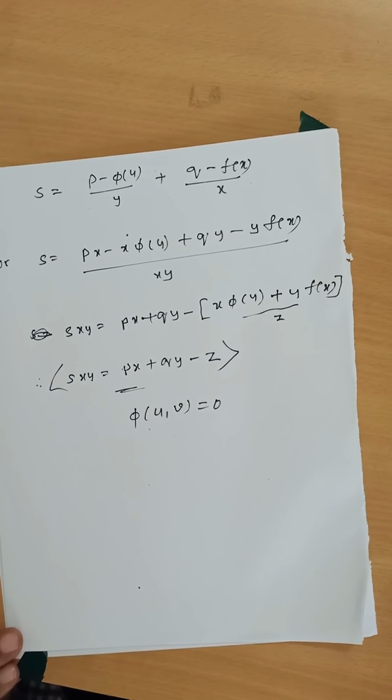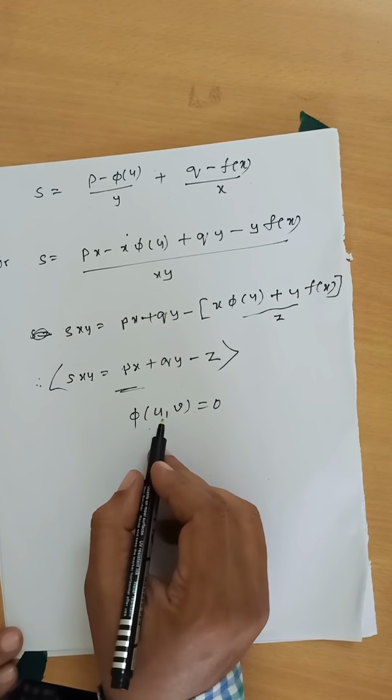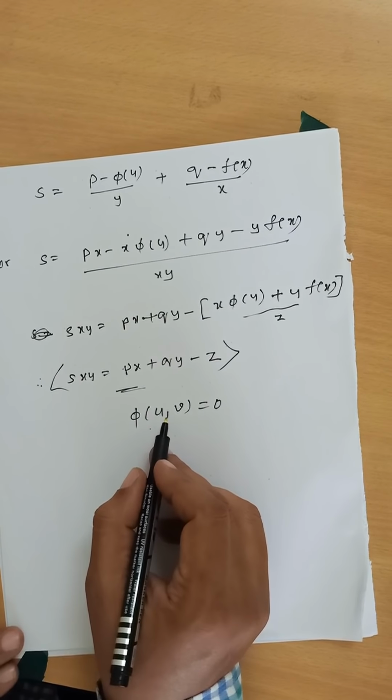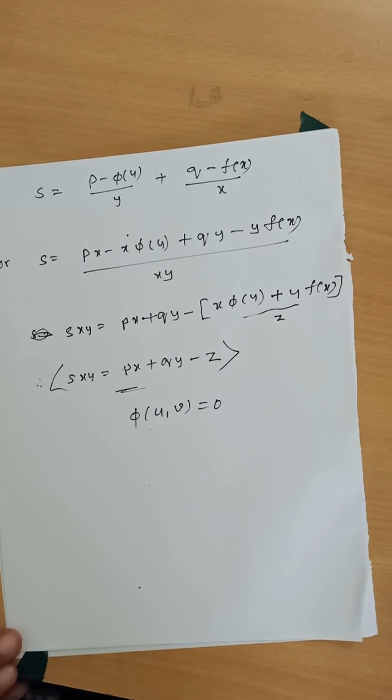Now we are going to form the partial differential equation by eliminating an arbitrary function when the given function is in the form of φ of u comma v equal to 0. This is an important type. Here we use the chain rule, which you are familiar with from partial differentiation in first semester.